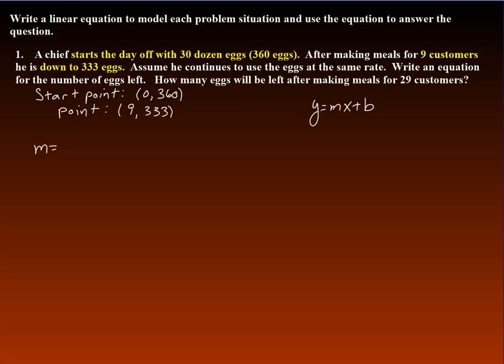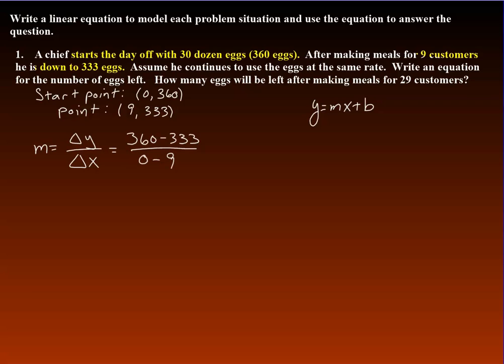Our slope is going to be the change in y, so the little triangle means change, over the change in x. The way we find that is we take the y values and subtract them, so 360 minus 333, and we take the x values and subtract them.